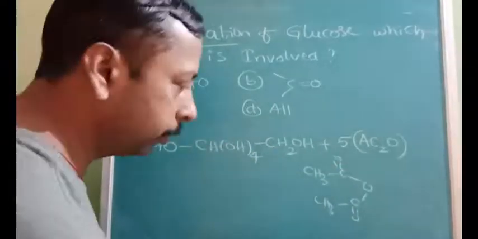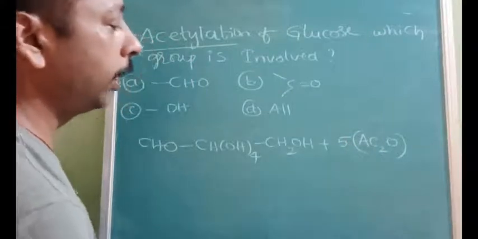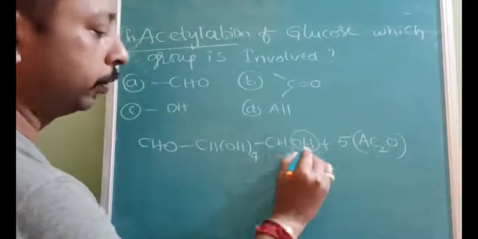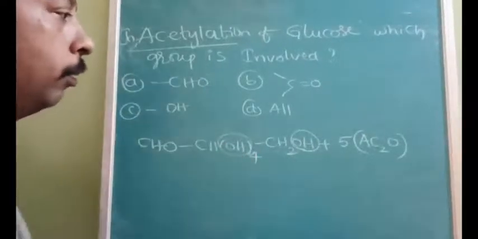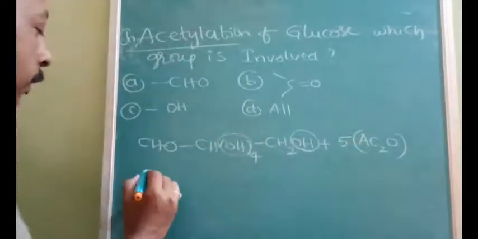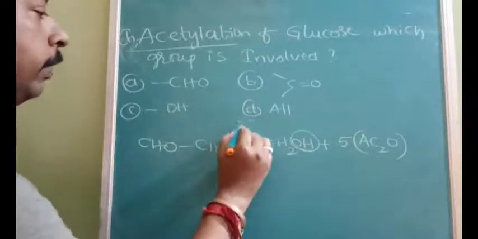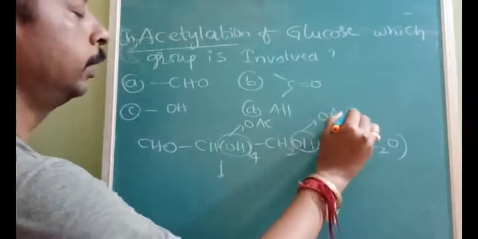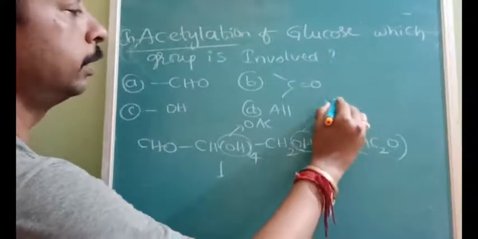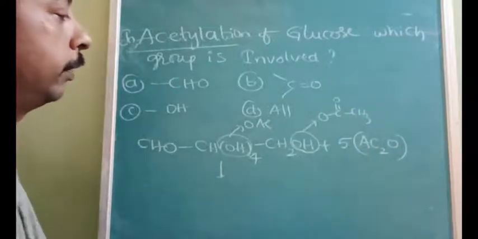Simple acetic anhydride will react with only the alcoholic group. Wherever an alcoholic group is there, an OAc will be formed, so the product will have OAc here and here. OAc means an ester will be formed.